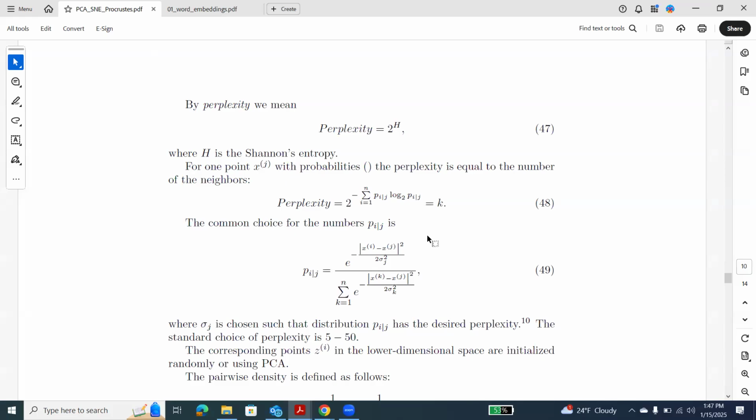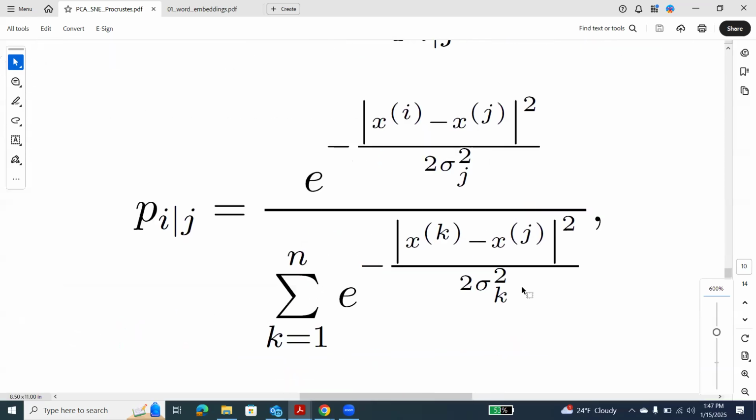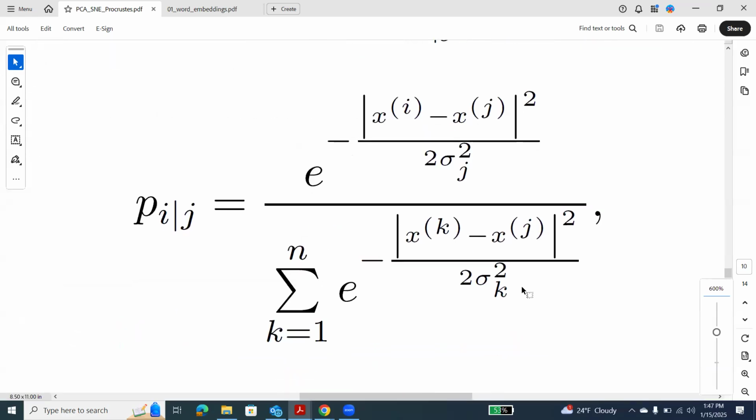So instead of 1 over k, they use the Gaussian distribution with some parameter sigma. In the model, you remember the parameter was perplexity. You can think of this as the number of points that we take into consideration, but in the model, based on this perplexity, the sigma is actually calculated.